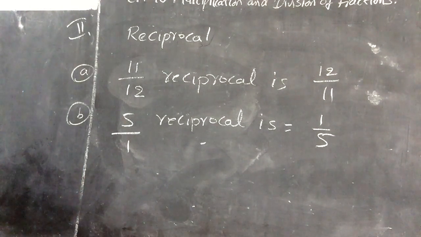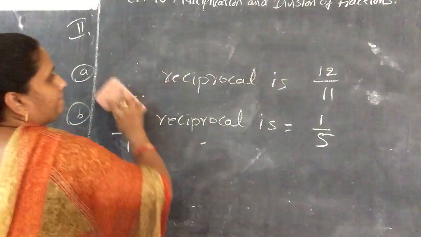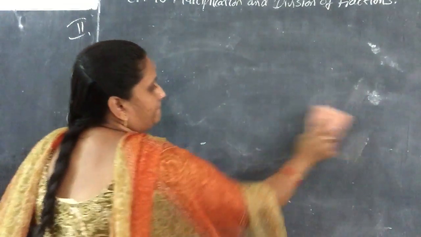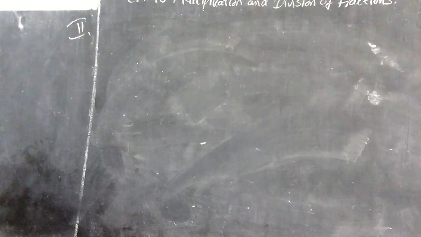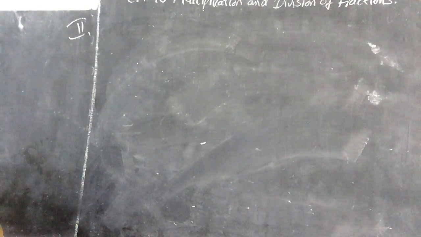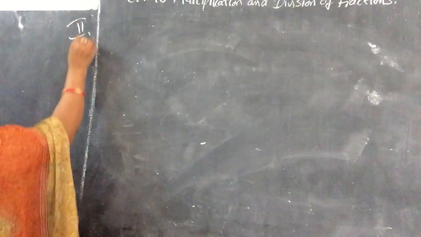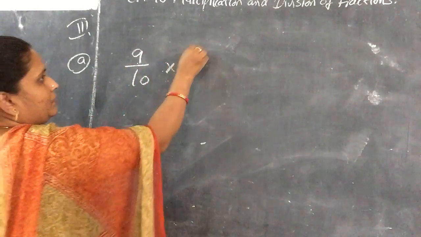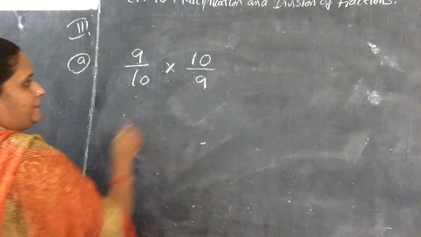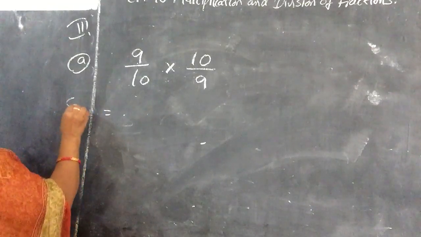Next, section 3. In section 3, find the product of 9 by 10 into 10 by 9. So how to do this?